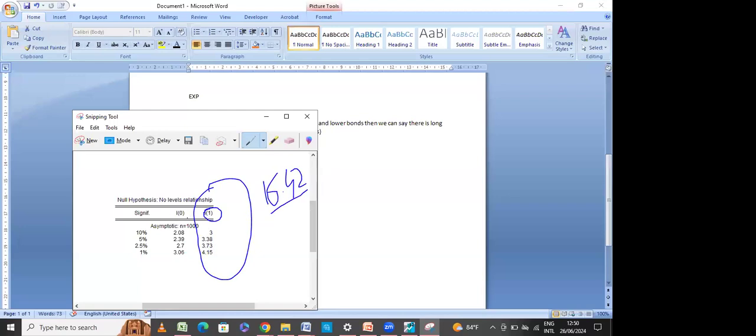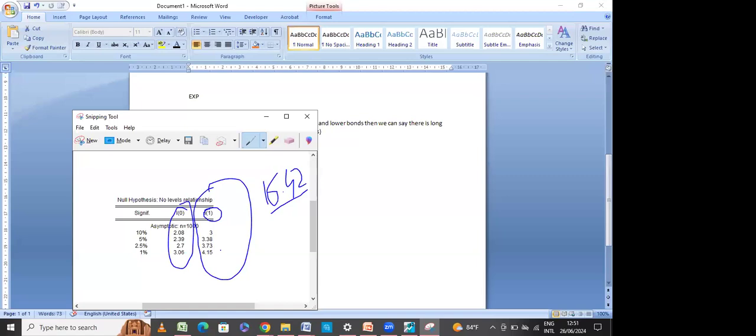Why did I say lower bound while speaking? Definitely my 16.42 is eventually higher than the lower bound values also. So whenever our F statistic is higher than the upper bound value, we can say co-integration exists.